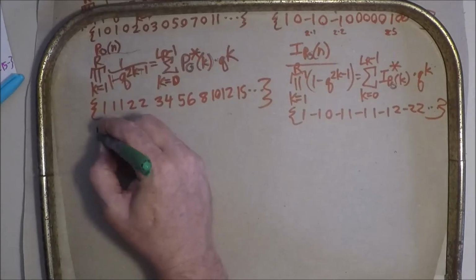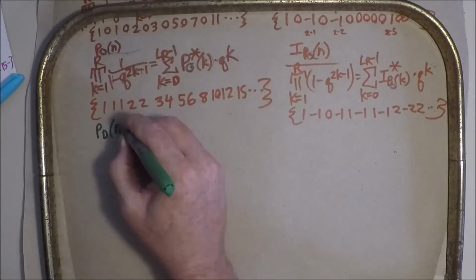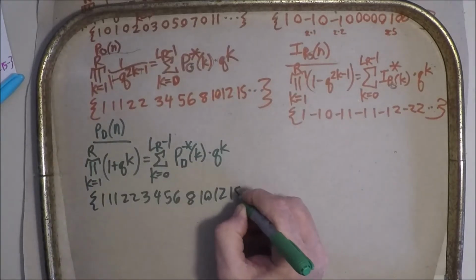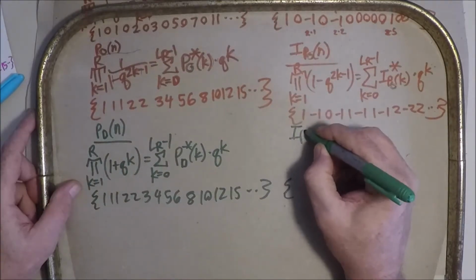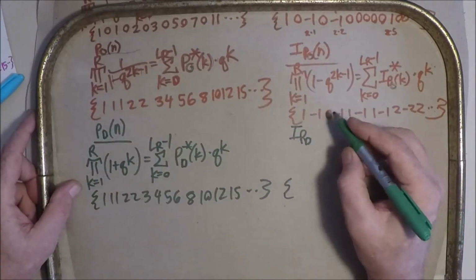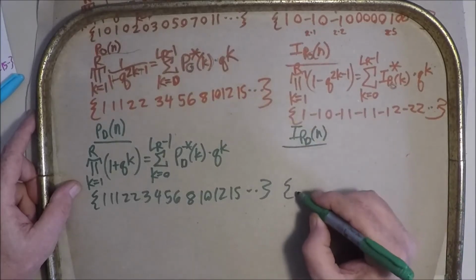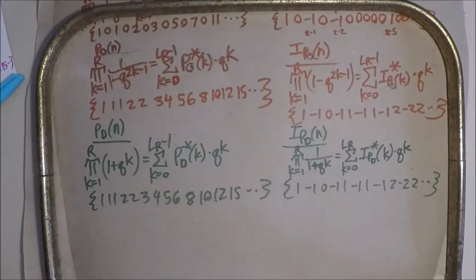Okay, so we also have then for partitions into distinct parts, 1, 5, dot, dot, dot. Indicator sequence IPD of n. We know the sequence is going to be 1, -1, 0. So what else can we do?